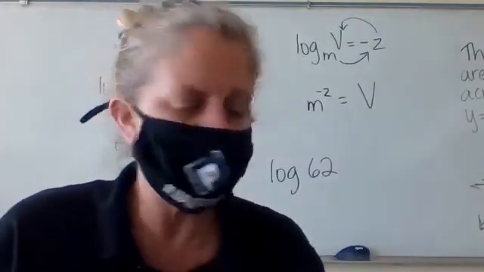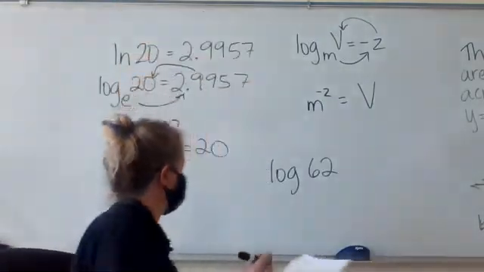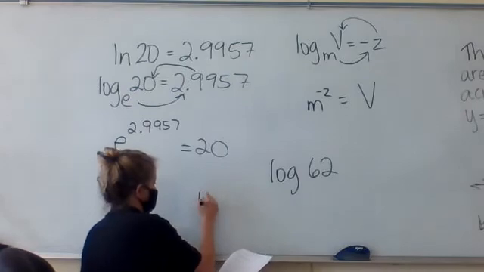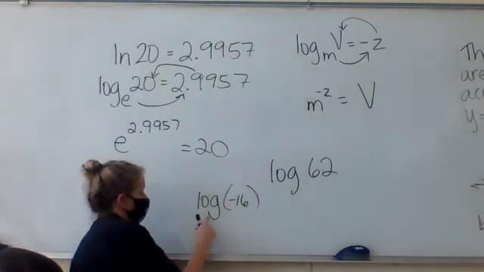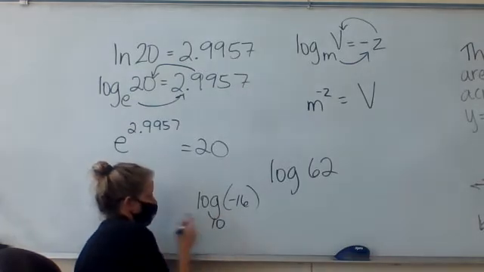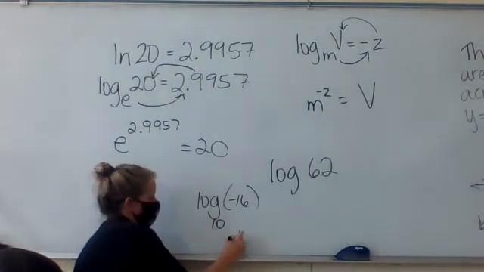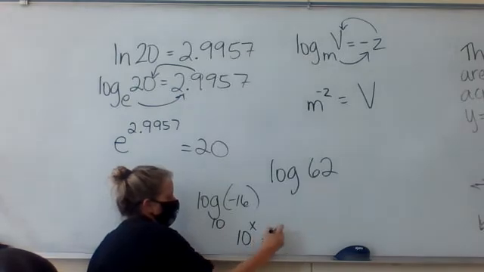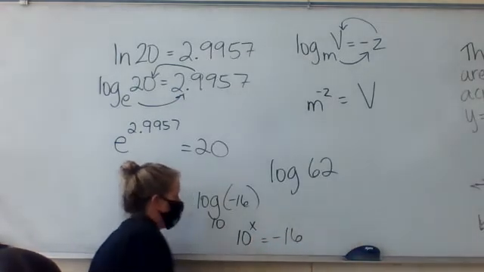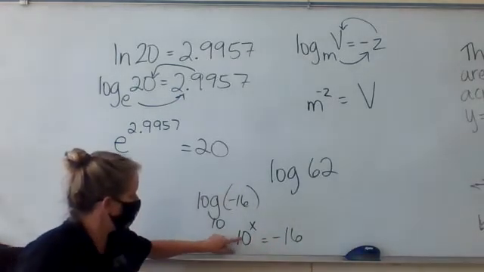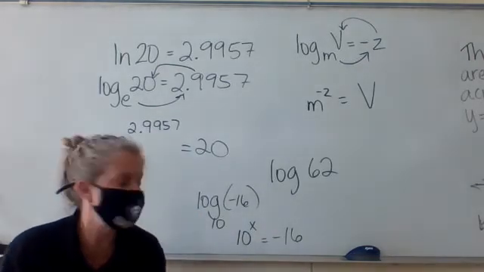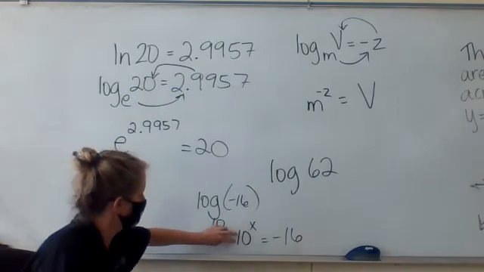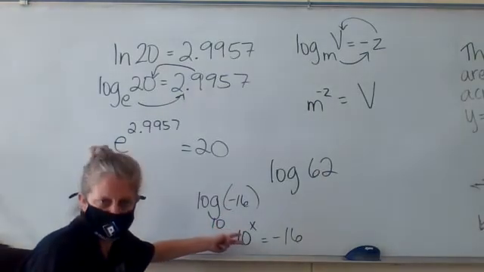This right here says, what? If I don't see a base, that means it's automatically 10. That's saying, what would I raise 10 to turn it into negative 16? I can't turn 10 into a negative by giving it any kind of exponent, right? If I'm giving a negative exponent, that's just telling me to flip the 10.